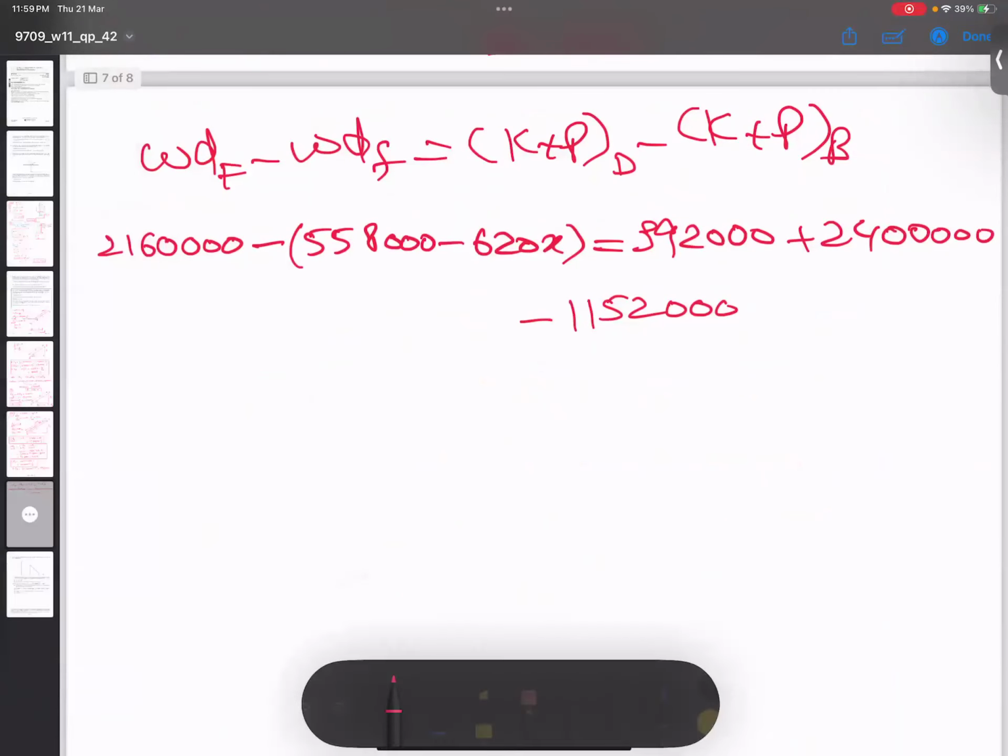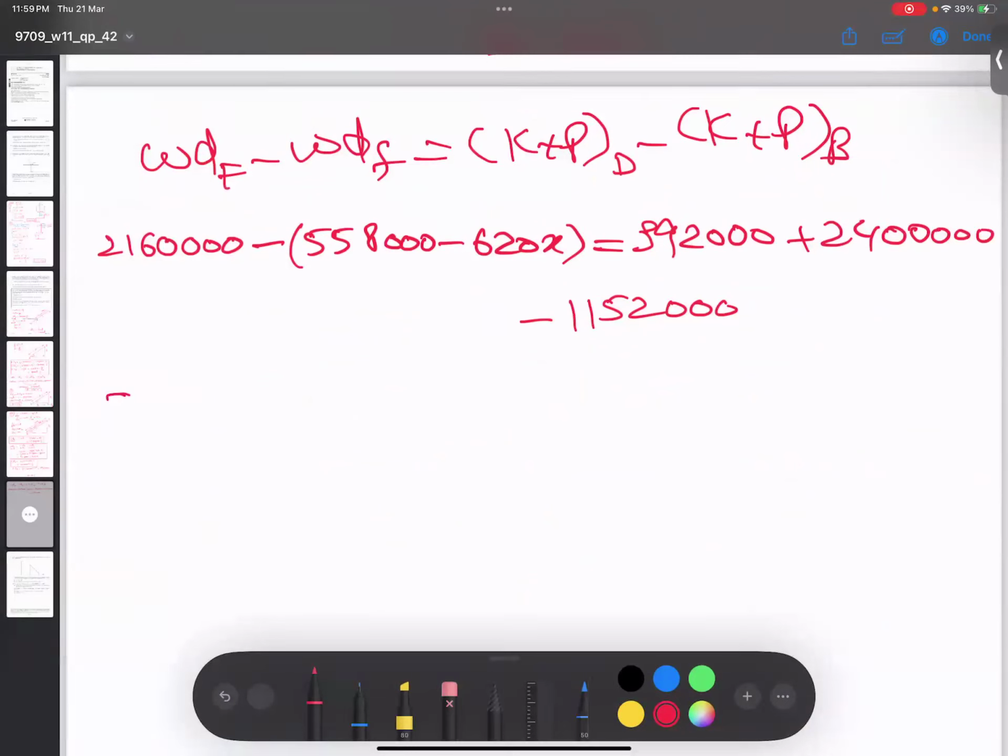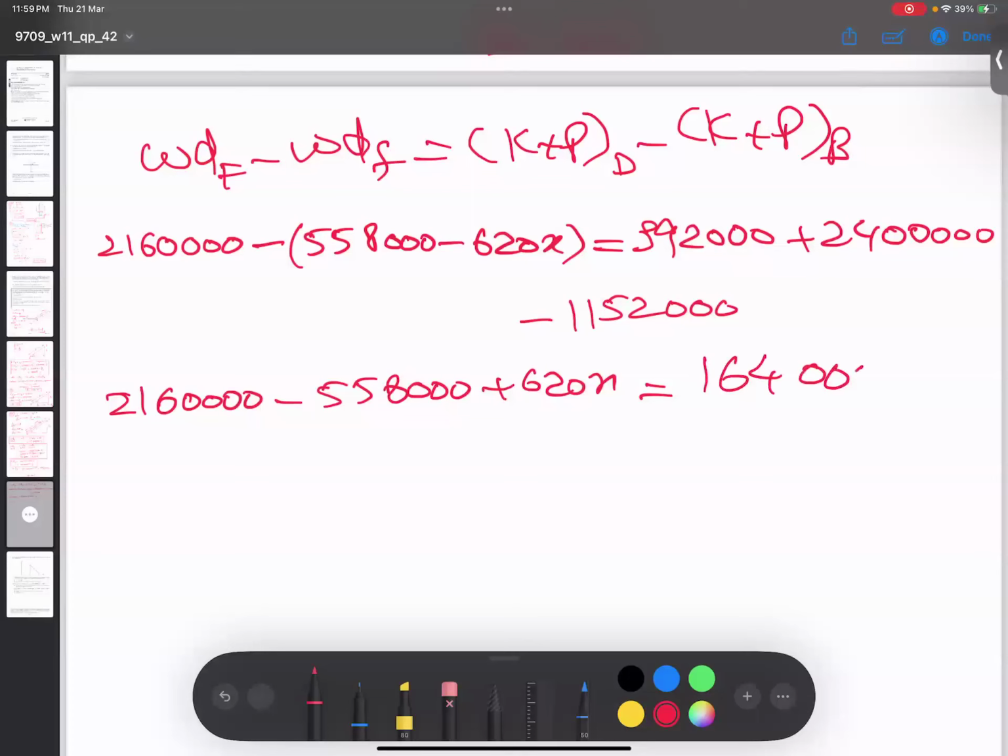I just make X the subject and the question will finish. So 216, 4 zeros, minus 558,000, plus 620X. And the right-hand side all together: 392,000, plus 2, 4 and 5 zeros, minus 1152,000. My answer on the right side is coming 164 and 4 zeros.